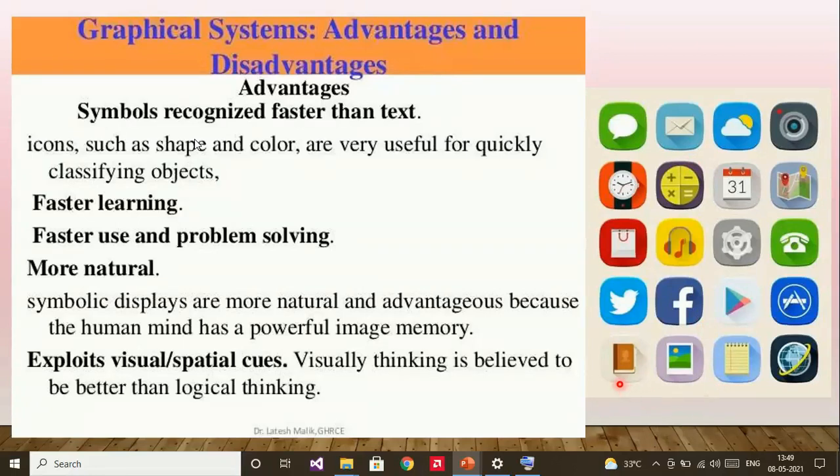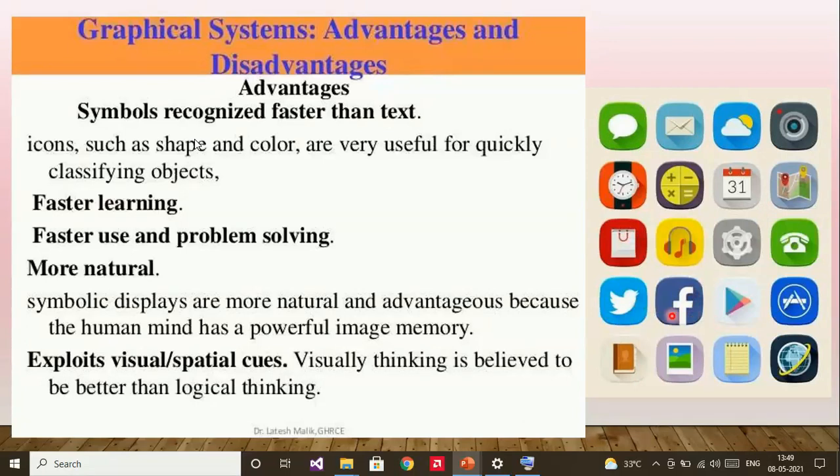Whenever a user views certain icons, he has to know the functionality of that particular icon. That is why graphical systems usually use symbols, so that the user can recognize them very fast. Keeping that in mind, all the icons are now used with certain symbols.